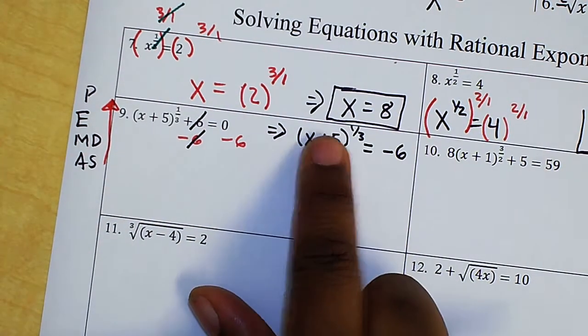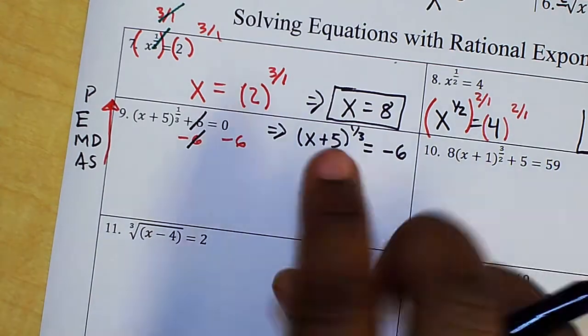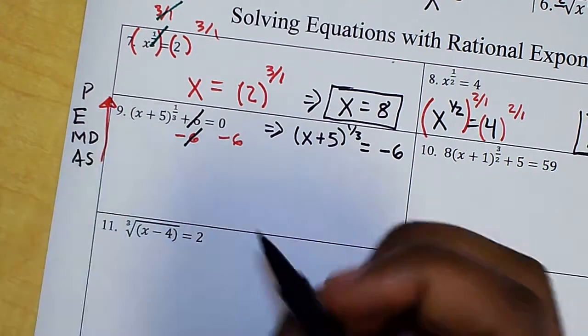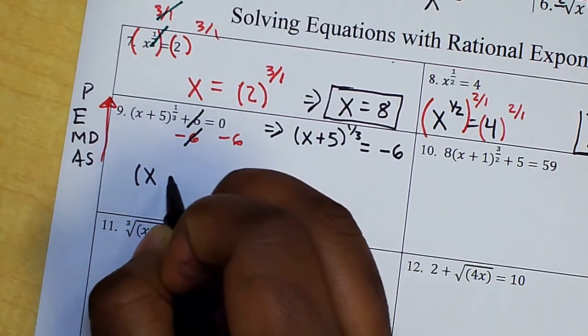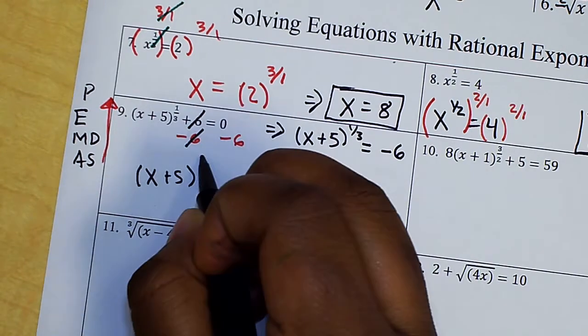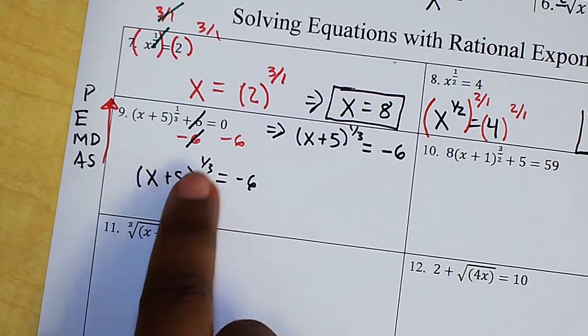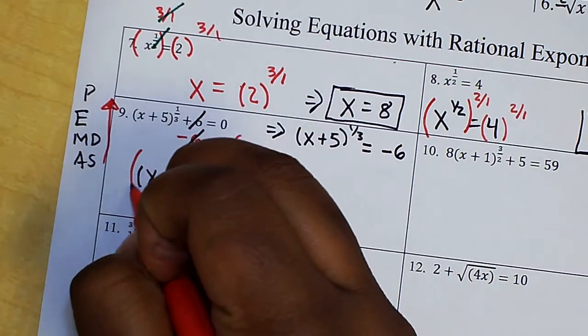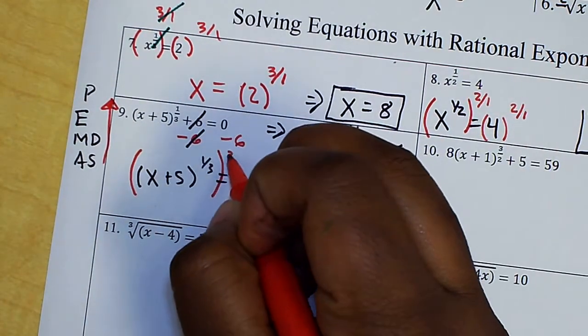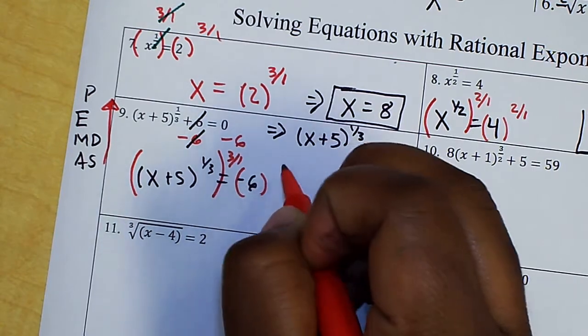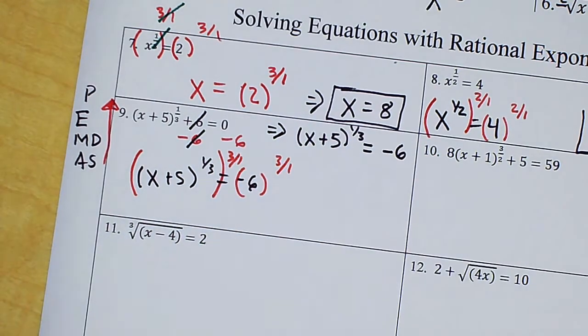So now I have my exponent. So I have x plus 5 to the power of 1 over 3. I'm just rewriting my problem so I can have room to write. So now to get rid of this exponent, I have to raise everything to the power of 3 over 1. It has to be the inverse, 3 over 1.